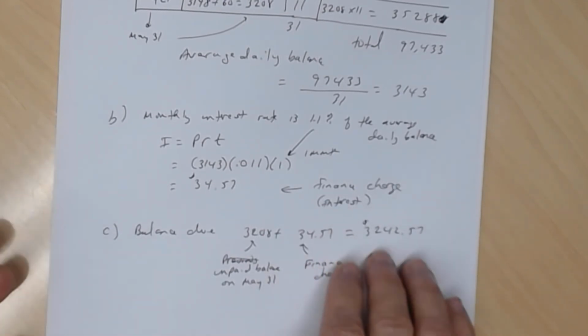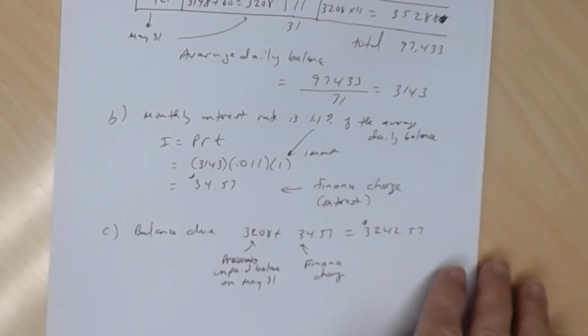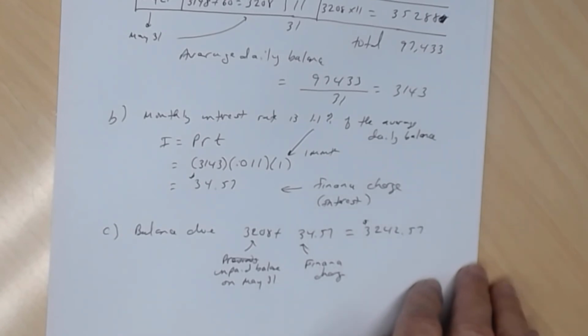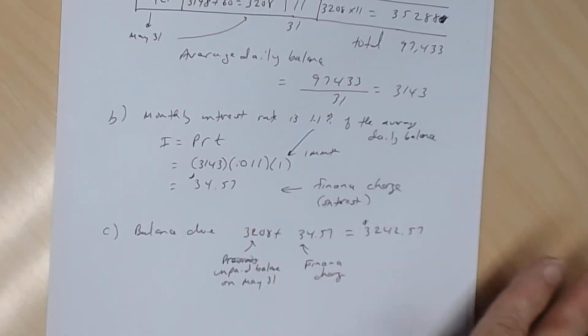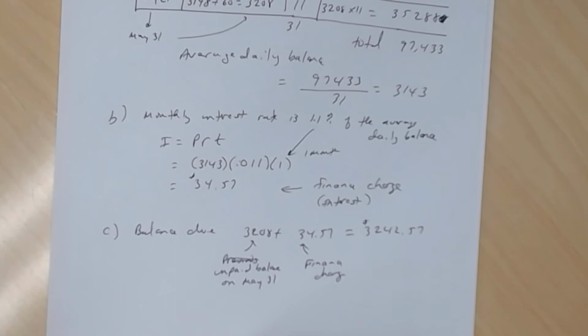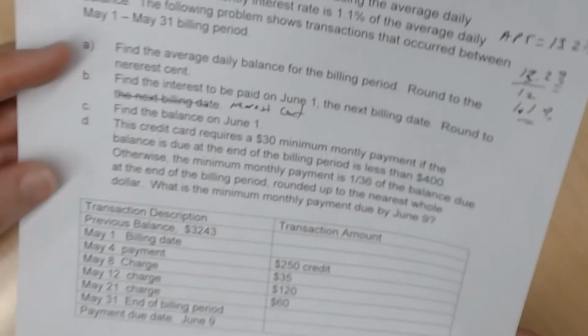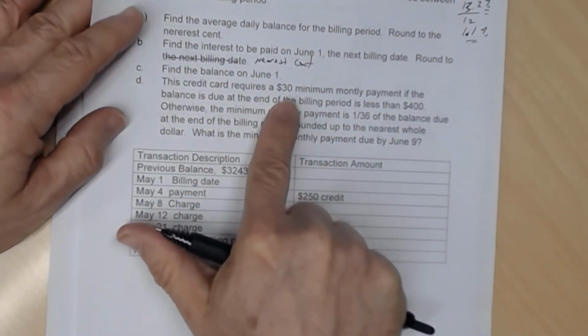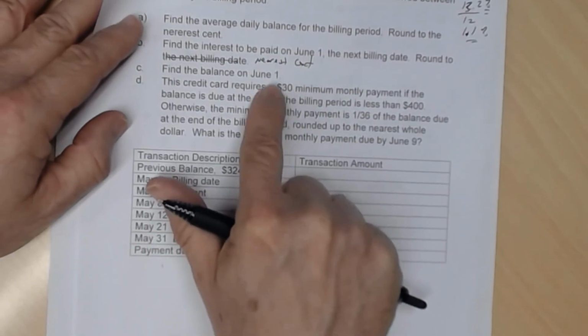If you owe very little, say $30 or something like that, you would just pay it off. In this example, the balance due is quite a bit. It's more than $1,000. So remember what we said: if you owe less than $1,000, this would probably be your minimum payment.